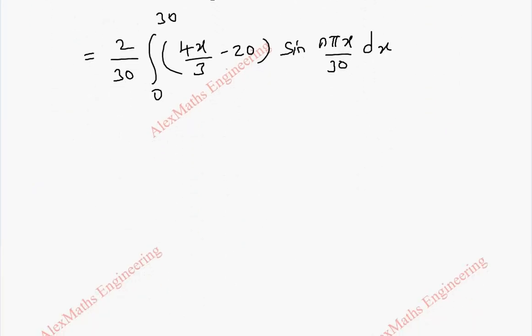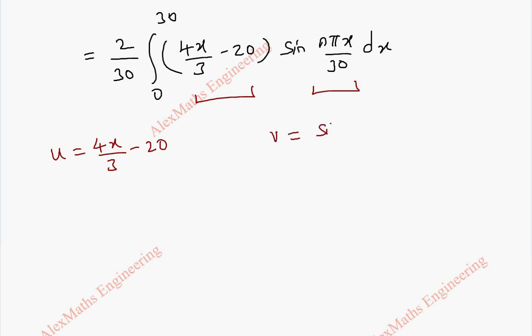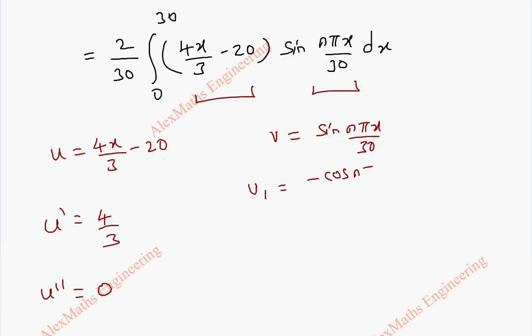Now using Bernoulli's formula, this is u and this is v. u is 4x/3 minus 20 and v is sin(nπx/30). u' becomes 4/3, u'' becomes 0. And v1, its integration, is minus cos(nπx/30) by nπ/30.